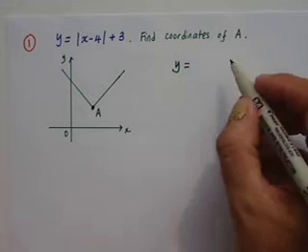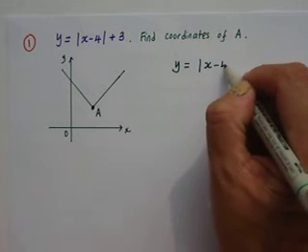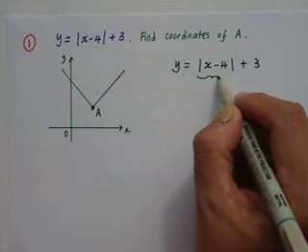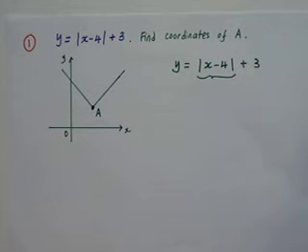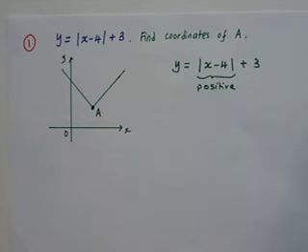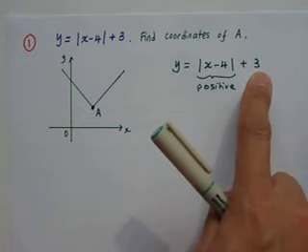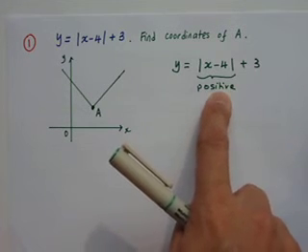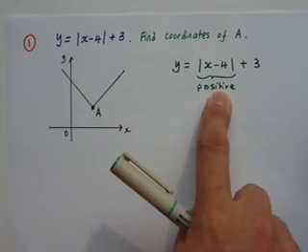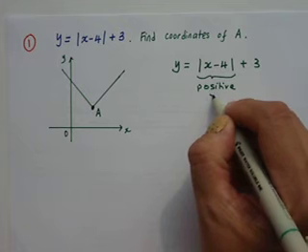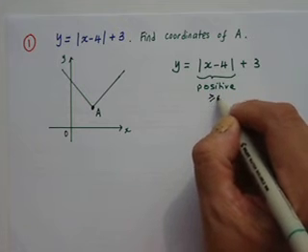y equals the modulus of x minus 4, plus 3. This portion of the graph is a positive number, which means that 3 plus a positive number will always be bigger than 3, because this is greater than or equal to 0.